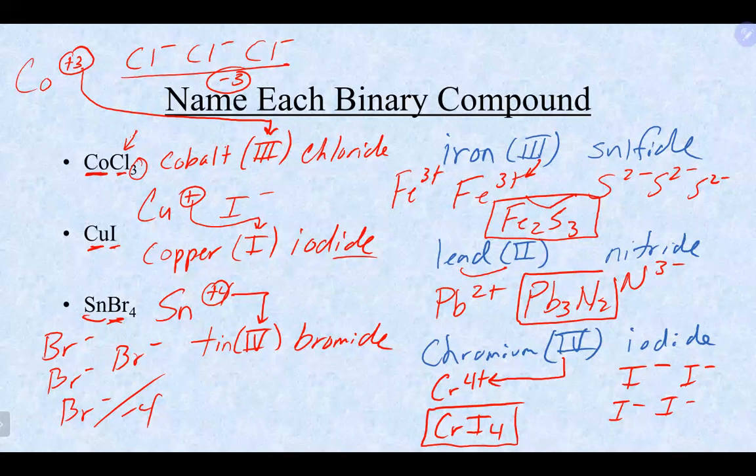All right, so you do need to obviously be able to go both ways, name to formula, formula to name. Again here, Roman numerals, absolutely positively, no prefixes here. So if you find yourself Roman numeraling and prefixing at the same time, you're probably writing something wrong. So it shouldn't happen.